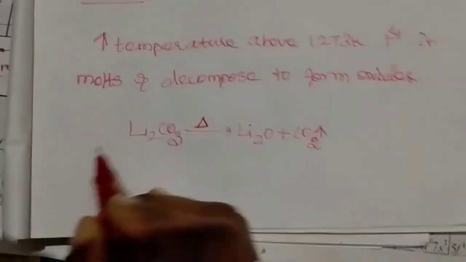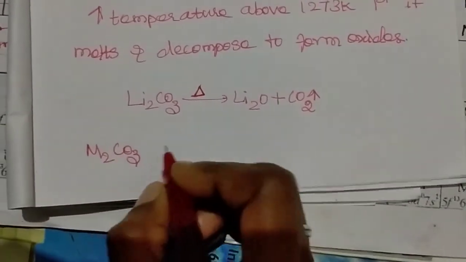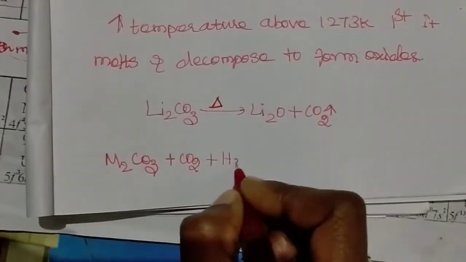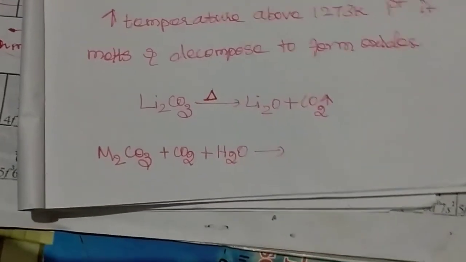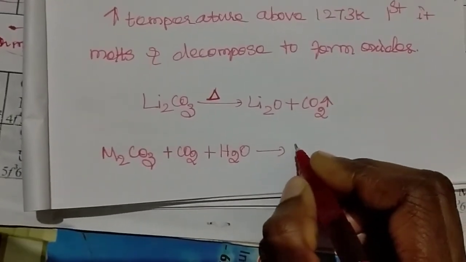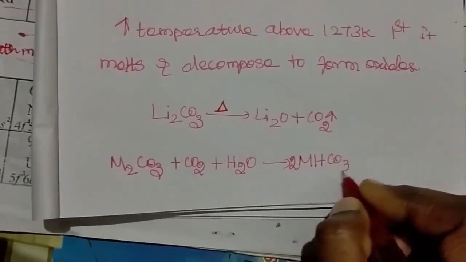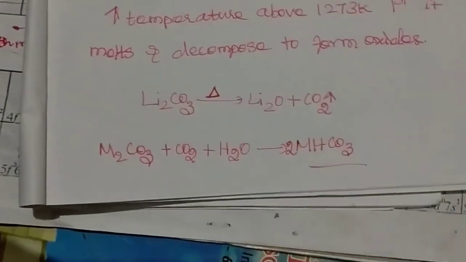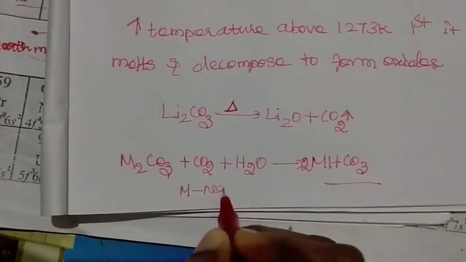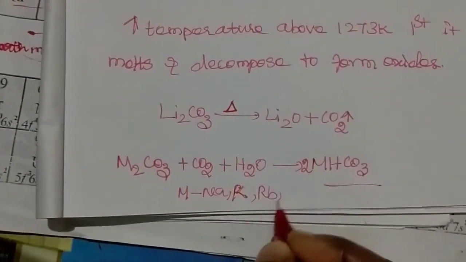So the reaction for this: M2CO3 plus carbon dioxide and H2O form metal bicarbonate, alkali metal bicarbonate. What are the metals involved in this? Sodium, potassium, rubidium and cesium.